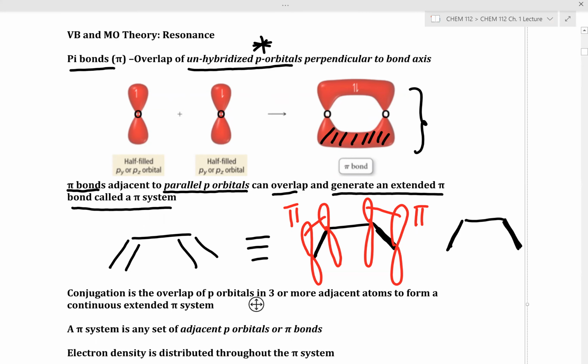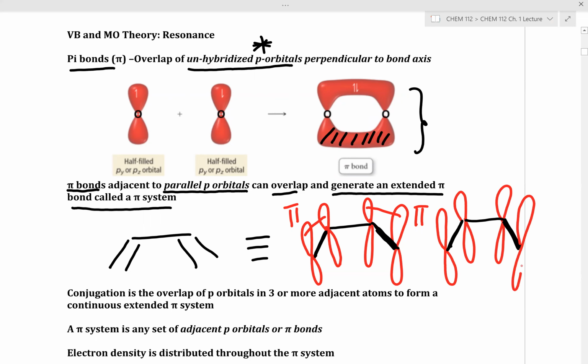Now, this is very beneficial from an energetic perspective because we are spreading out our electron density over a larger number of atoms. So our electron density is being spread over multiple atoms and multiple parallel p orbitals to form what's known as a pi system. Does that make sense to everyone?